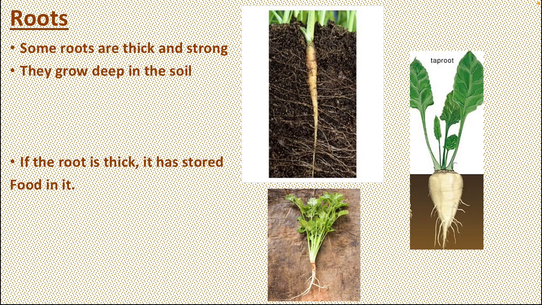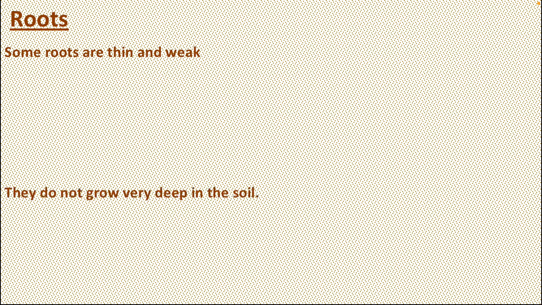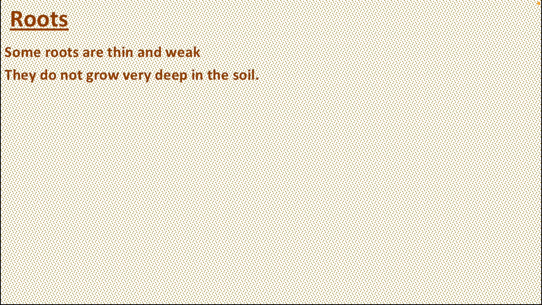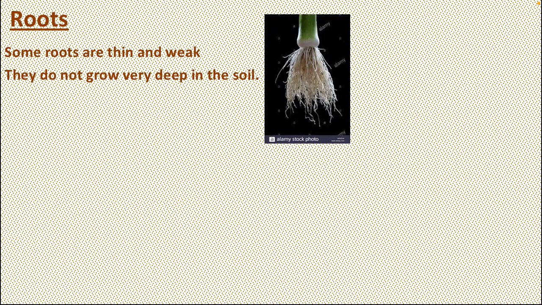They grow deep into the soil. So if the root is thick, it has stored food in it and that is what we eat. These are the examples of the thick root. Further, we will also read about the types of the root. So you can see these roots are thick and grow under the soil.